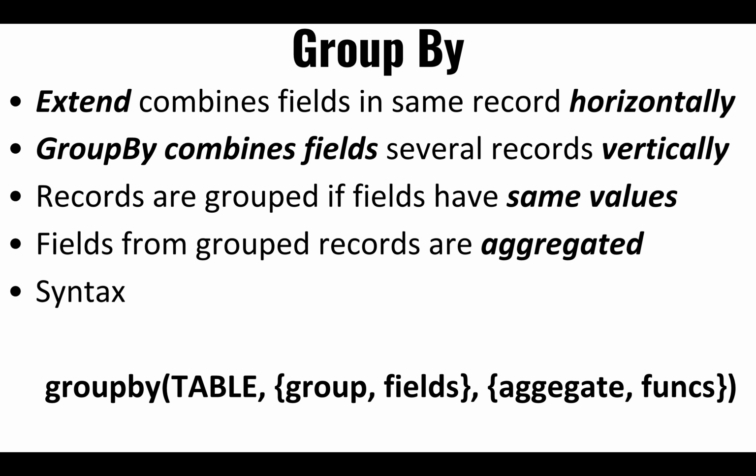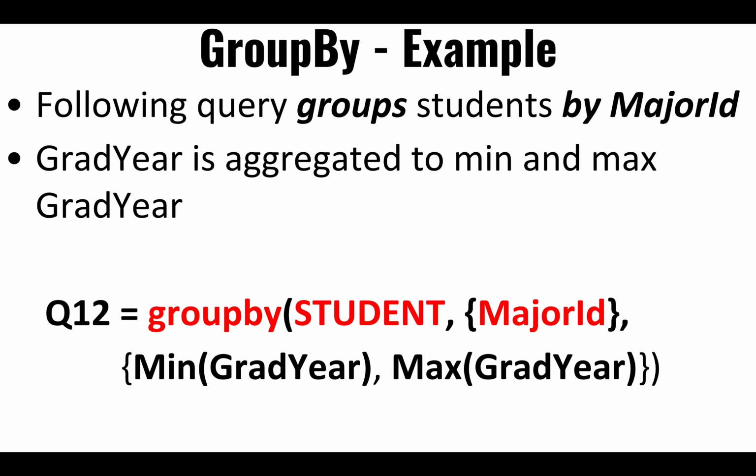Maybe we can calculate the average grade that we got in a particular course or quiz. We can group by quiz and see how we did. So this is what GroupBy allows you to do: collapse them into one single record. The aggregate functions are the ones that can operate on the fields and aggregate them as averages, minimums, maximums, summations, count. So let's look at an example.